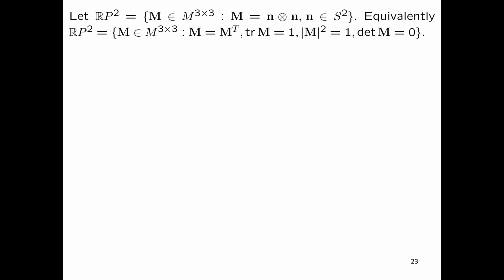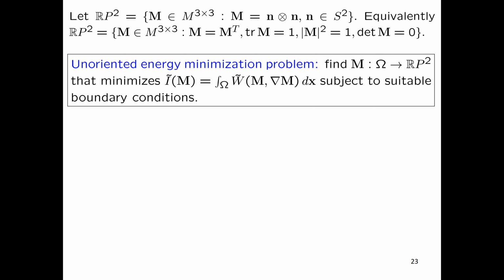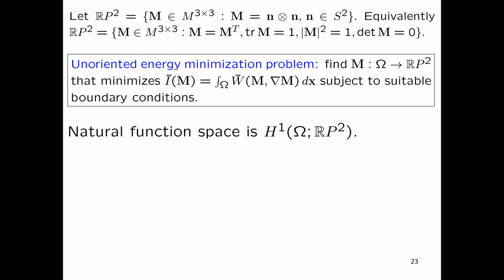It's a different way of writing it without introducing n explicitly. And then you have an unoriented energy minimization problem. You've got to find a capital M, taking omega to RP2, that minimizes I of M, which is the integral of this new energy density, W tilde of M and gradient of M, subject to suitable boundary conditions.